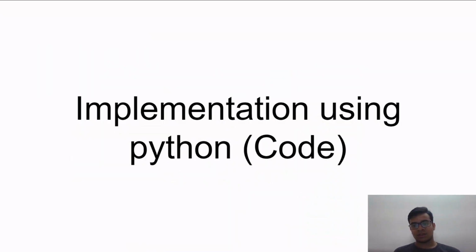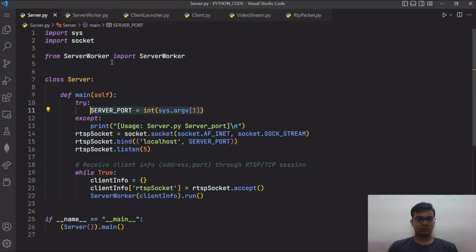Now we will see the implementation of RTSP and RTP using Python. There are going to be two different parts. First is the server side and second is the client side. First of all, we will see the server side code and after that the client side code.